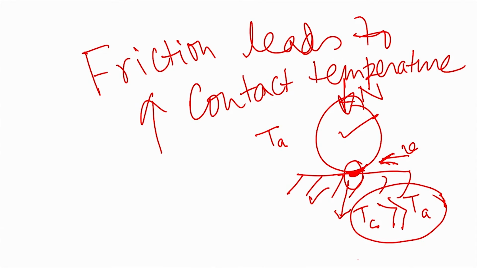But the question is that this particular contact dimension is of the order of micrometers. In such a small region it is very difficult to precisely measure the contact temperature. Therefore, certain theoretical models are very useful to predict the magnitude of this contact temperature at the ball and flat interface, and those will be the subject of discussion in the next lecture.